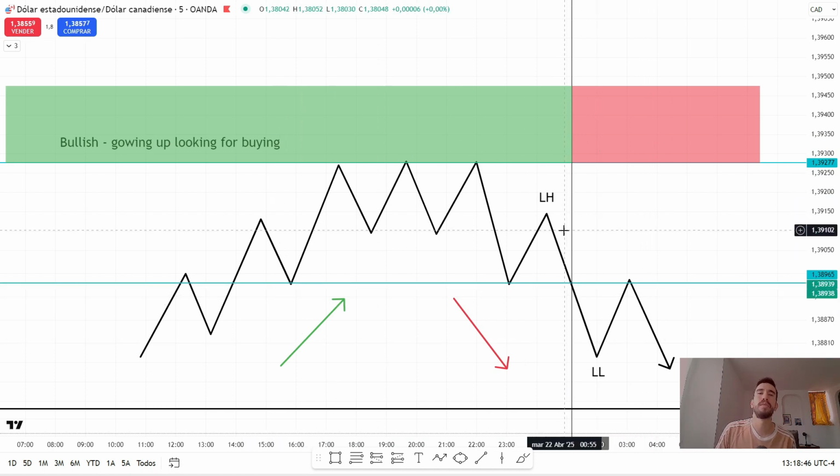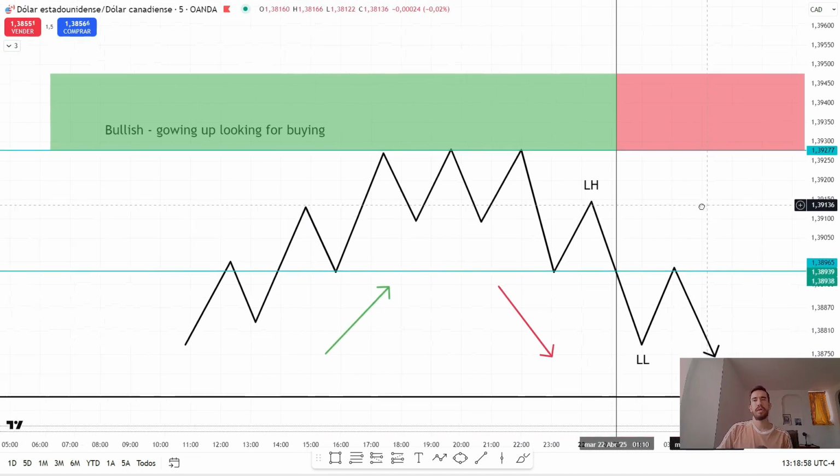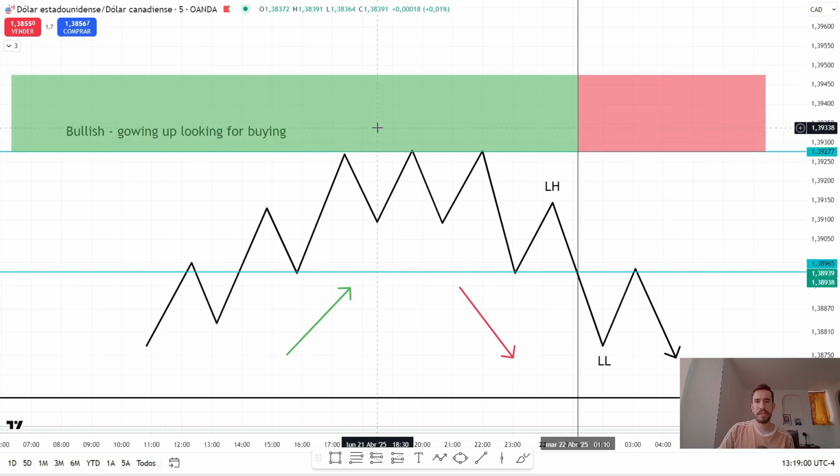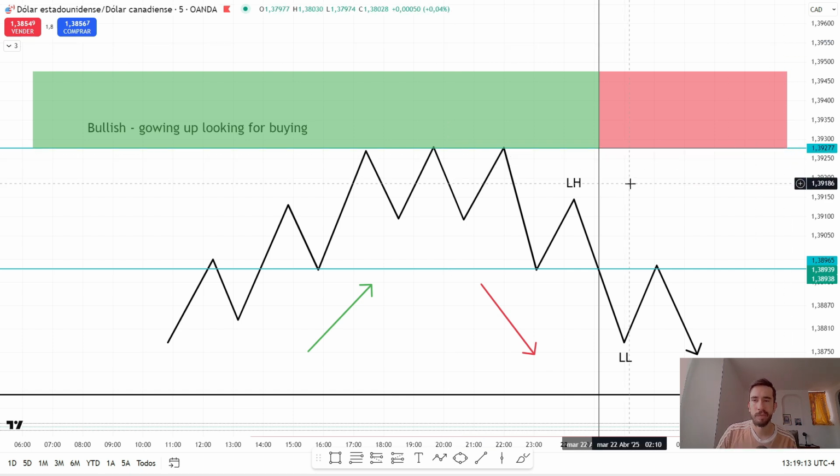It has to break below to change the structure, and most likely it's going to make a retracement to the previous structure point and continue going down. I want you to understand this. This is very important. If you understand this, I guarantee you already have the hardest part of this business, which is understanding how the market moves.